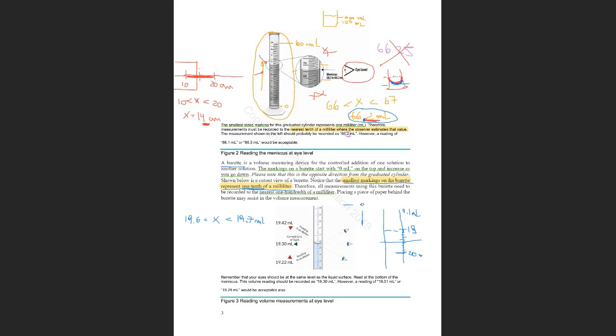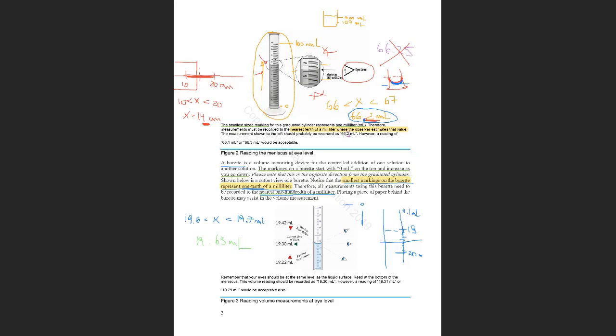And then all measurements using this burette, it says here, need to be recorded to the nearest 100th of a milliliter. So that means the correct way of reporting, for example, can be, depending, 19.63 mLs.